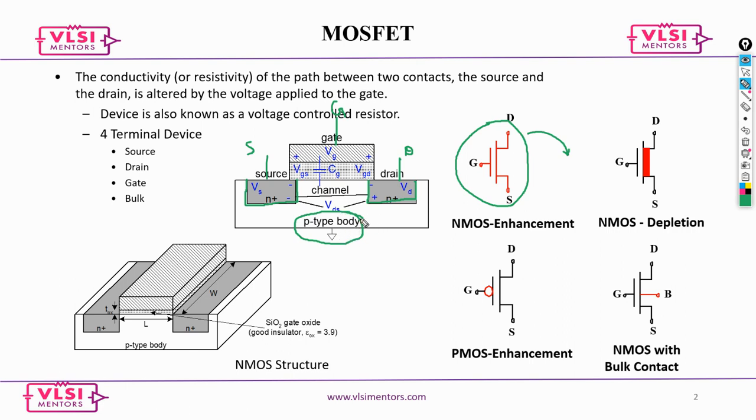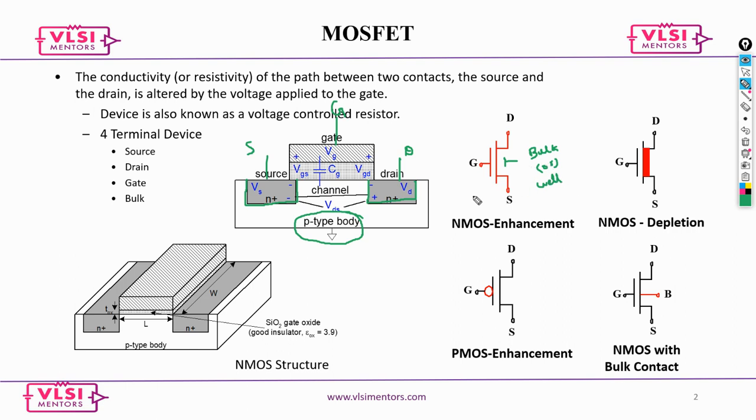So we have a gate, source, drain, and the fourth one we always say is the bulk, or well tap connection.